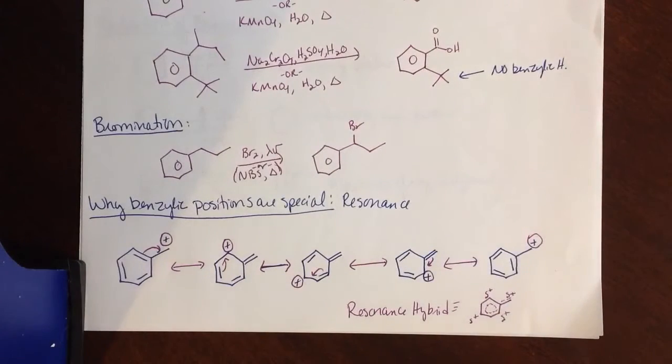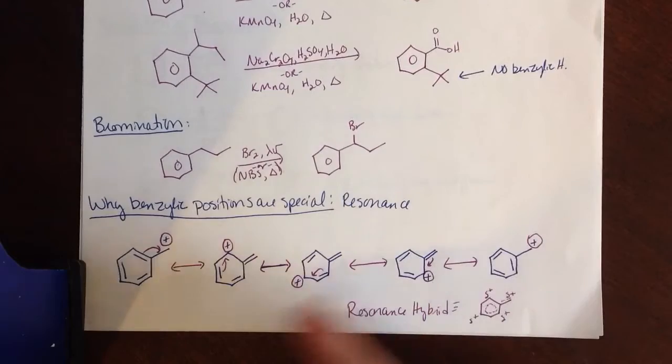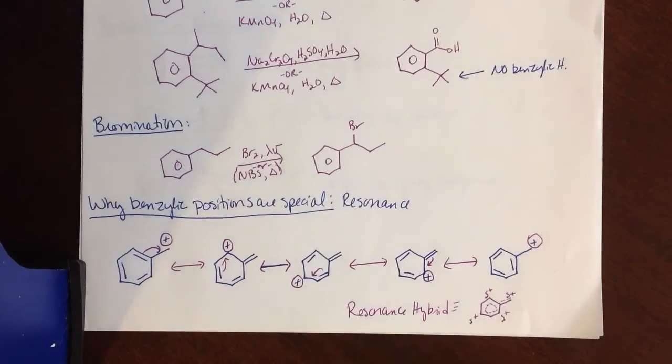So a lot of times what we actually think of these as is, what do they look like when you average all these resonance structures together? And that's what we refer to as the resonance hybrid. And that's why you see me draw a lot of circles in the middle, because in truth what that means is the electrons are delocalized for purposes of the aromaticity that we talked about last time, right?